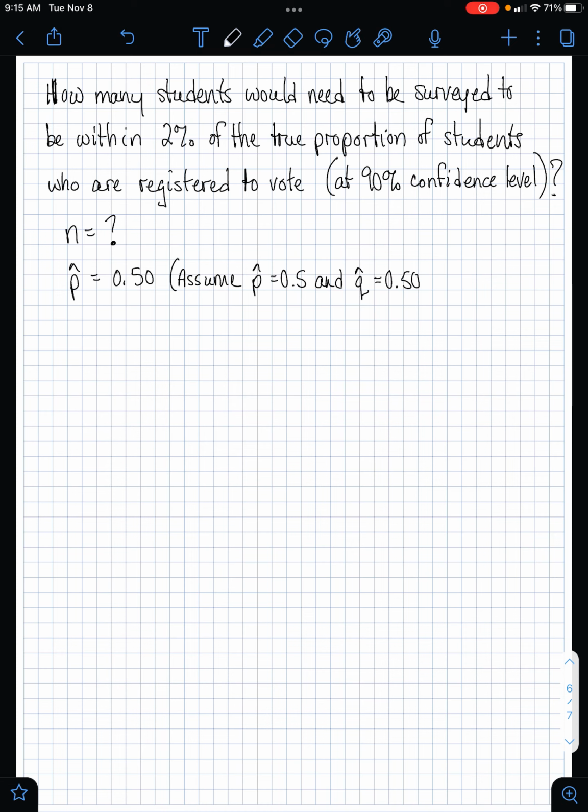And that's part of the thing here, is we don't actually know, until we actually know our sample size and go out and conduct the survey, we don't have any actual data to give us an estimate for p hat.